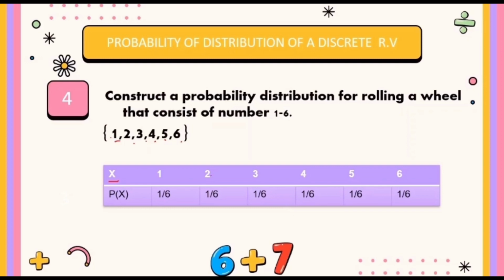The number 2 occurs only once. 3 only once, 4 once, 5 once, 6 once. And 6 is the denominator because it is the total of the X. So that will be 1 plus 1 plus 1 plus 1 plus 1 plus 1 is equal to 6. 6 out of 6 equals 1.